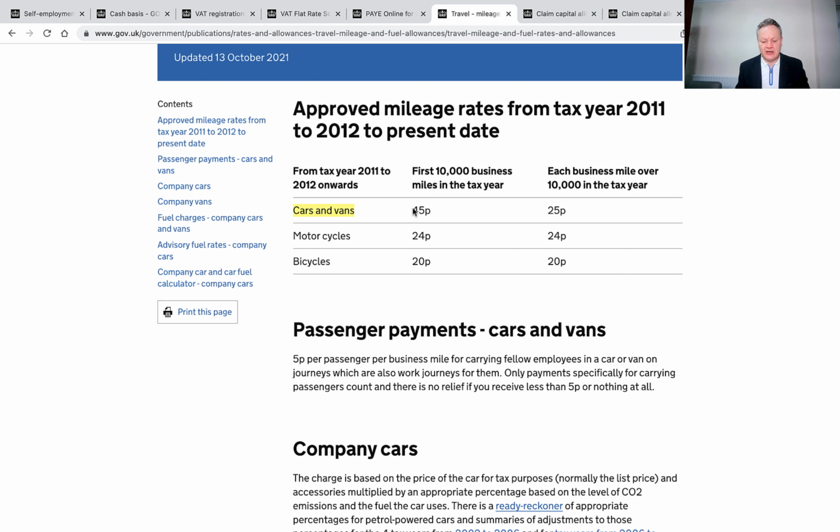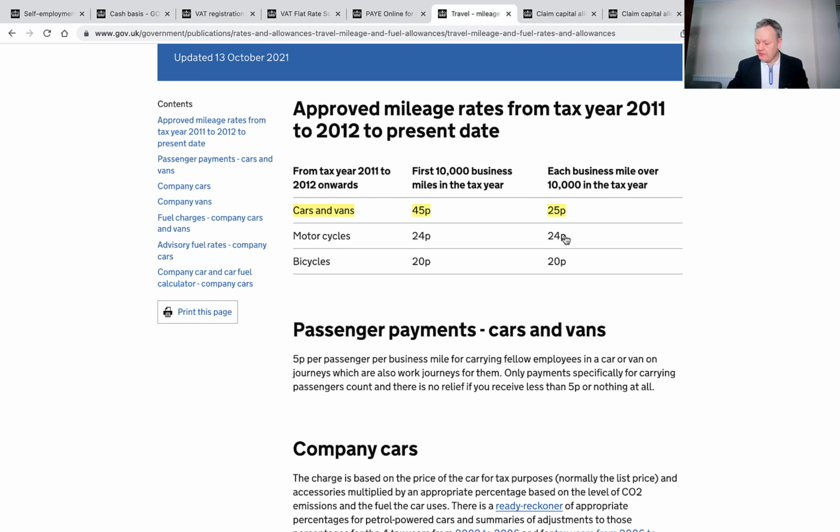For the first 10,000 miles, you can claim 45 pence per mile, which is very generous actually, and therefore could be better for you than claiming your actual costs. Once you go over 10,000 miles, it does drop to 25 pence. Typically, we do not see many people going over 10,000 miles, but if you did do exactly 10,000 miles, then you could be putting through your books £4,500.